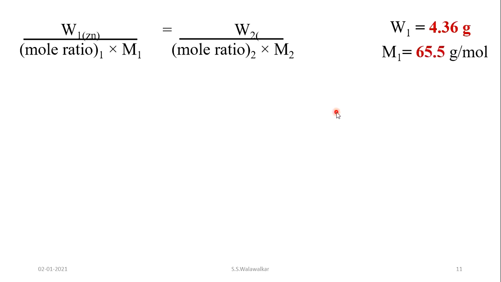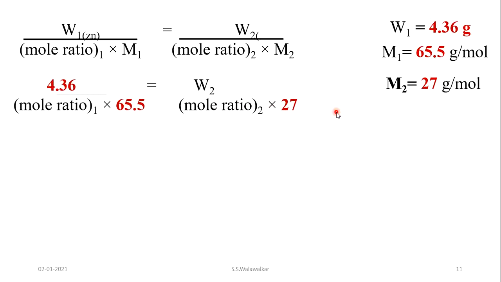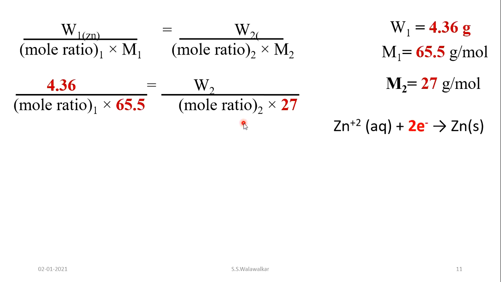W1 is 4.36 gram, M1 is 65.5, M2 is 27 gram, and if you substitute these, then you have to first calculate what? The mole ratio of the zinc, reduction of zinc, and mole ratio of reduction of aluminium. So mole ratio of zinc is like this: zinc plus 2 ion, when it accepts 2 electrons, then it gives you zinc. That means moles of product is 1 and moles of electron required is 2.